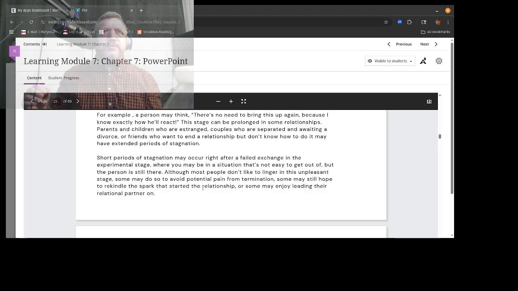In this stage, the stagnation stage, it can be prolonged in relationships. I have seen one of my friends' parents go through years, literally 6 years in that stage, before they finally got divorced when their last child graduated high school. You'll also see a stagnation phase if you watched communication with me and one of my ex-wives, or one of my old friends that I've had to separate myself from.